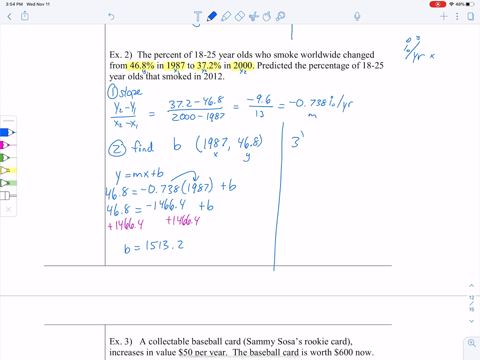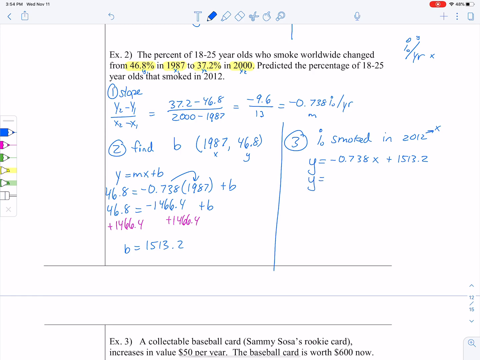Okay, so now our third step, we have an M and a B. Our third step is we're going to predict the percent of 18 to 25-year-olds that smoked in 2012. 2012 is a year, so it's an X value. So we're going to write out our formula. Y is equal to M, so negative 0.738, X plus our B, which is 1513.2.